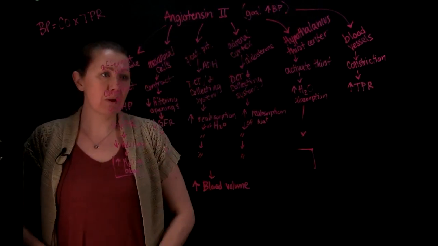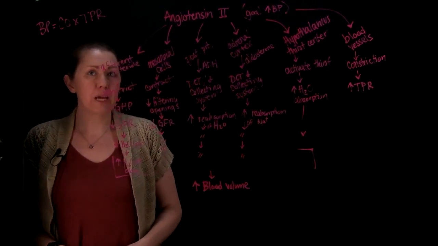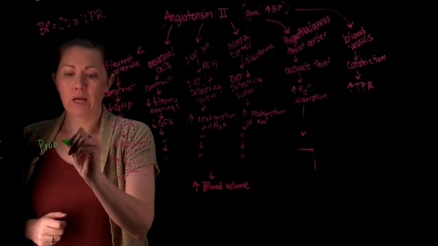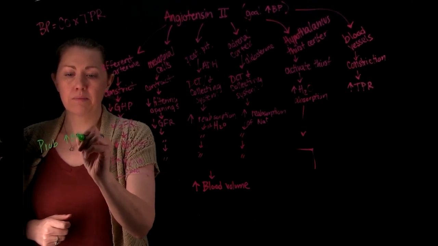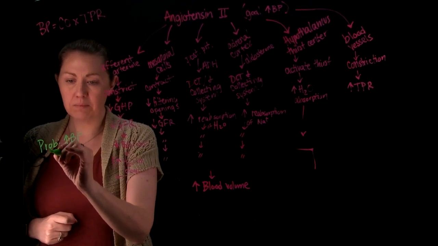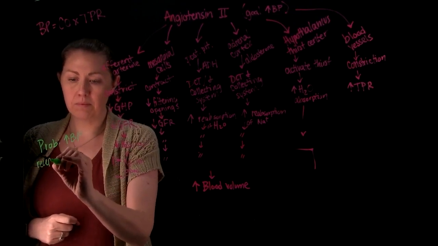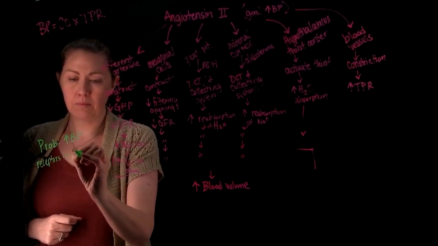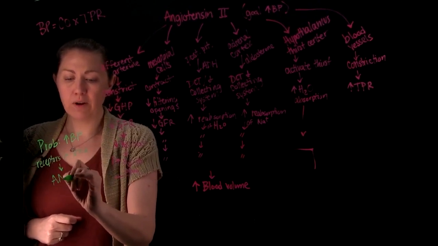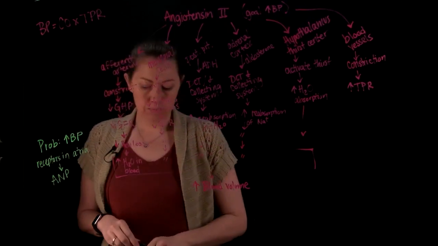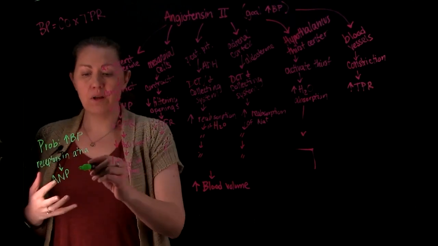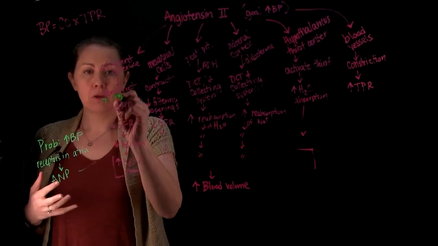Now, if you have the opposite problem, you just inhibit all of this. So if you have a problem where you have an increase in blood, then you're going to use receptors in the atrium and they're going to release atrial natriuretic peptide. The job of ANP is basically do the opposite of all of this. So instead of constricting, you're going to dilate.